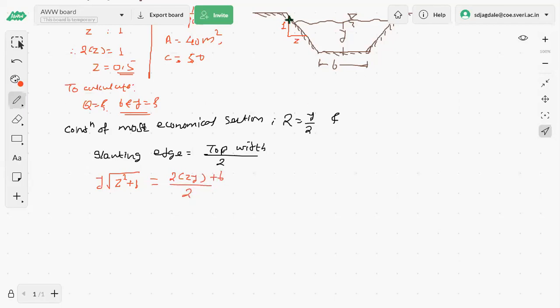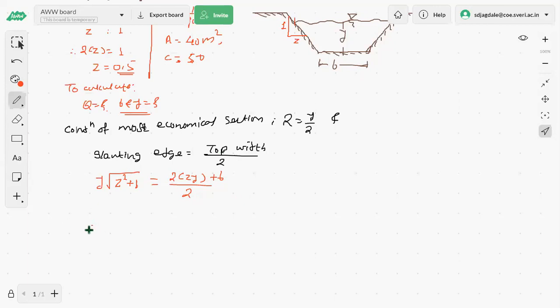This top width of ours is from here to here. That is, 2 into ZY plus B by 2. This is the condition which we are going to solve.